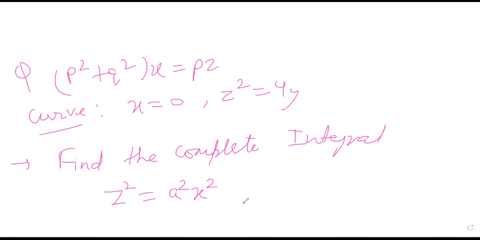Otherwise, you have to use the Charpit method to find the complete integral. You can either find the complete integral using the Charpit method, or there is another way. It will become a little complicated otherwise, but you can reduce it to the separable form also.